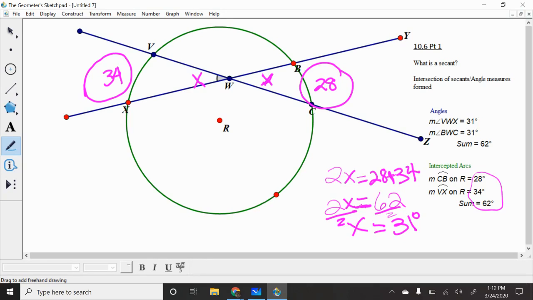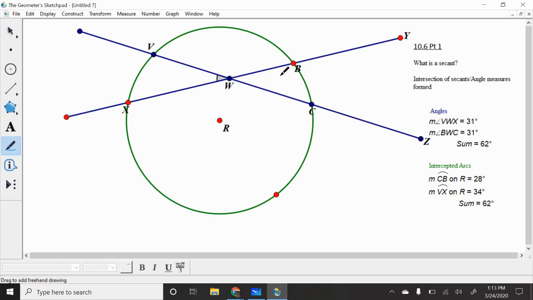So let's take a look at making up a formula for such a situation. So let's say I told you that this was y, and this was z, and this was x. How would you describe the relationship?